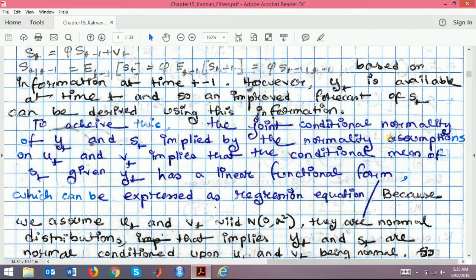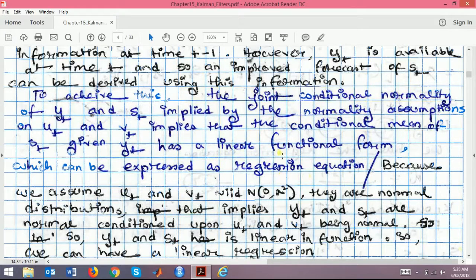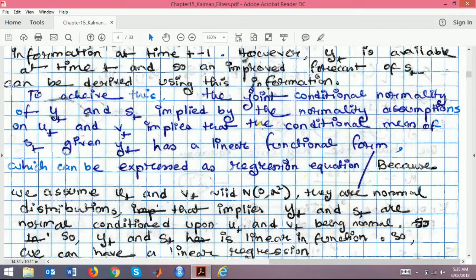To achieve this, the joint conditional normality of yt and st, implied by the normality assumptions on ut and vt, implies that the conditional mean of st given yt has a linear functional form, which can be expressed as a regular regression equation.